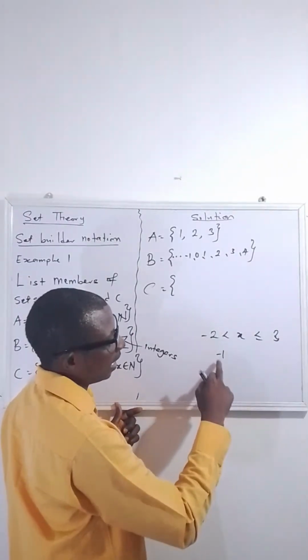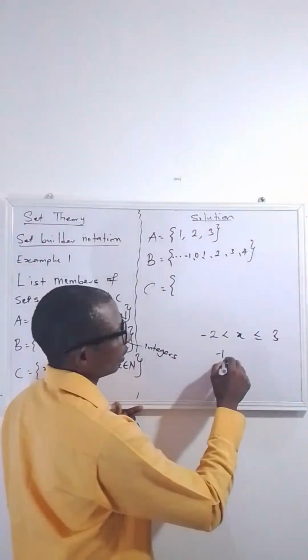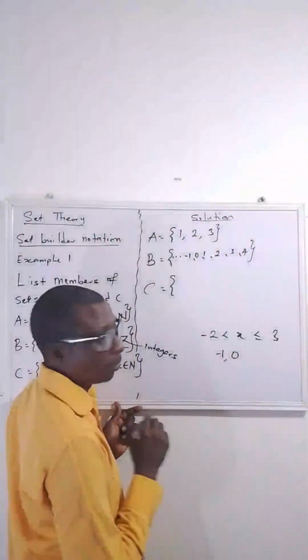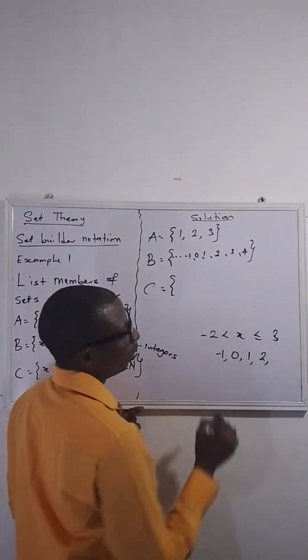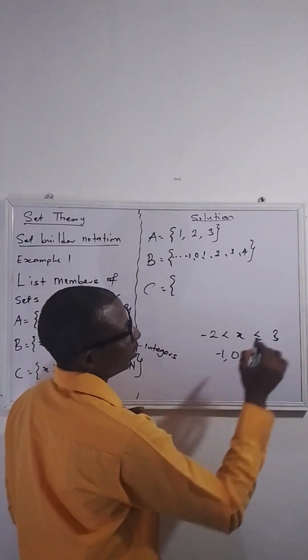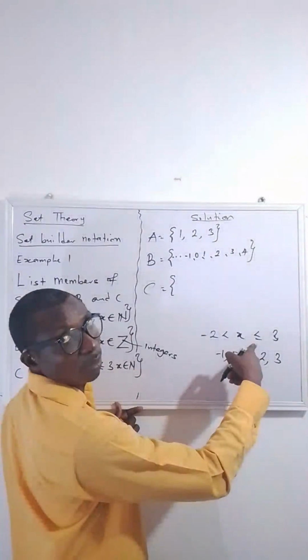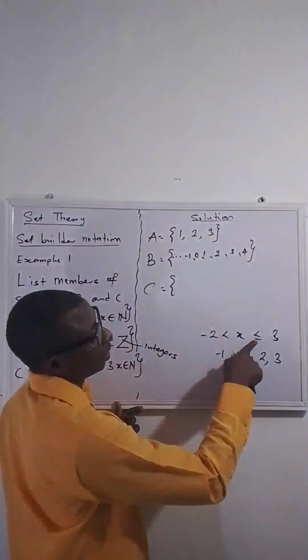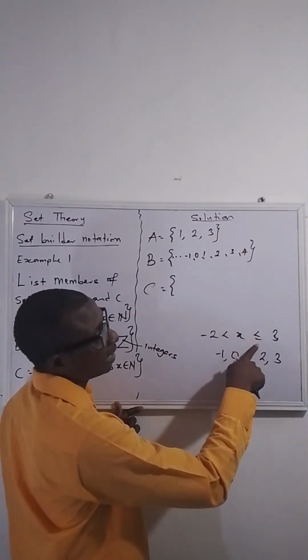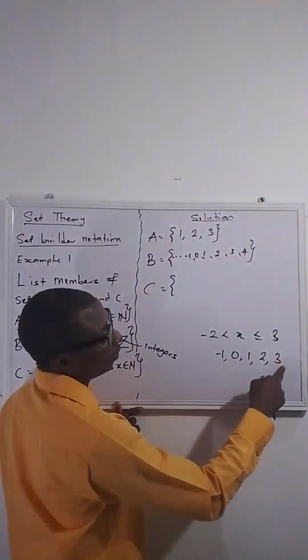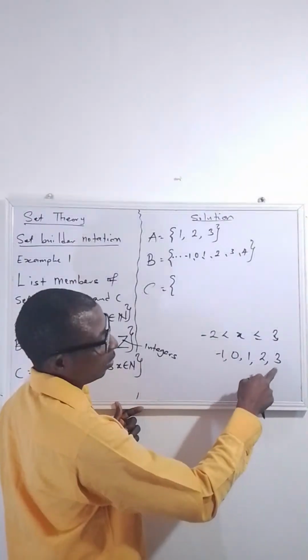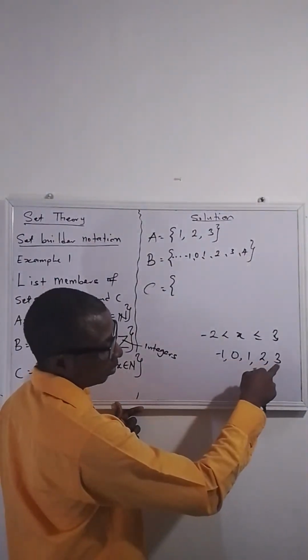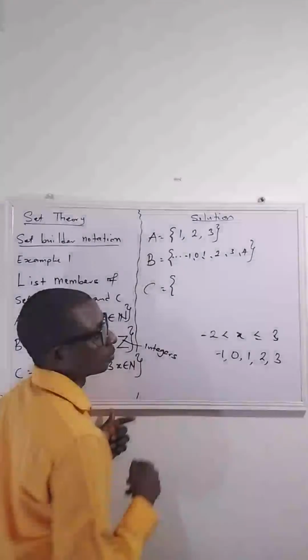So -2 is less than -1, also less than 0, 1, 2, and also 3. But mind you, we must not go beyond 3 here because x is less than or equal to 3.